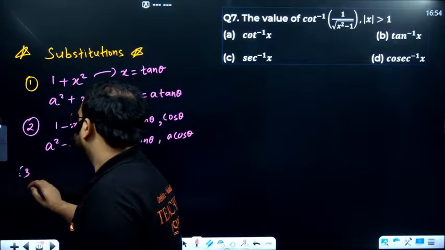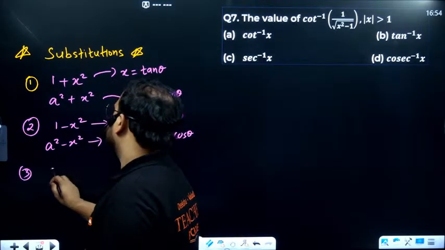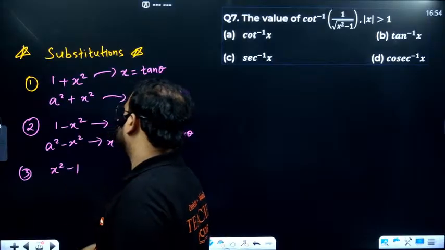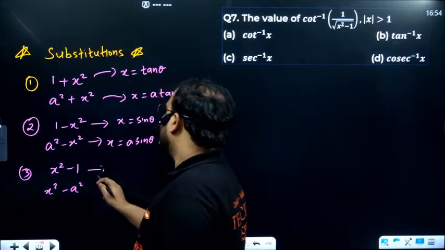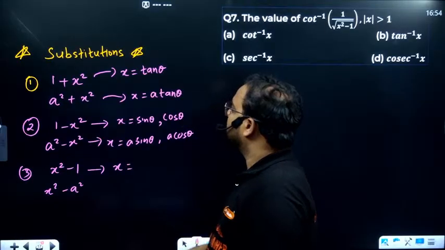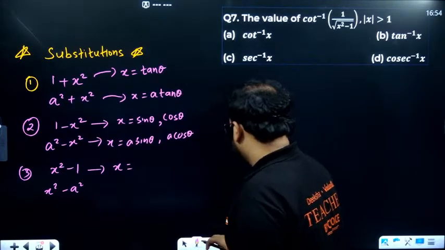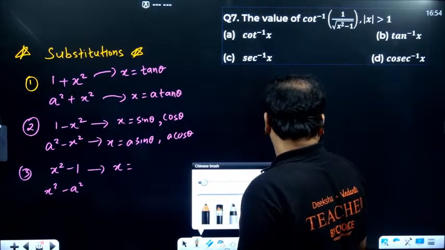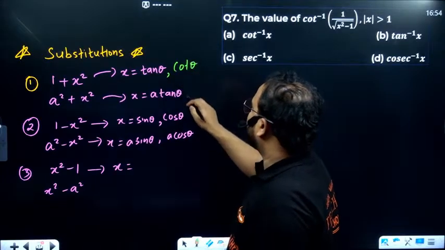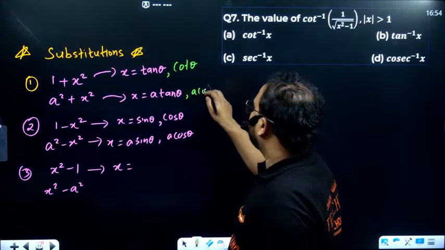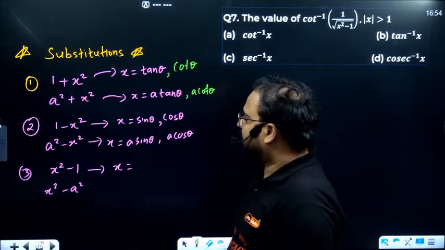Third one, if you find x square minus 1 or x square minus a square, take x as, this is tan and cot, by the way, I forgot. This is tan or cot. I didn't write that, my bad. Even this you can take depending upon the type of question.